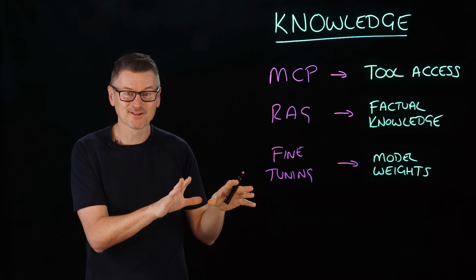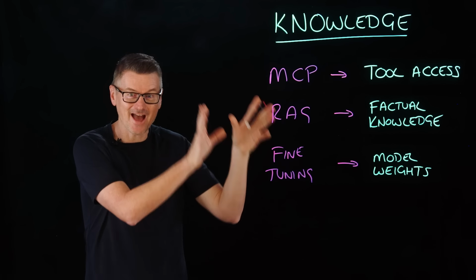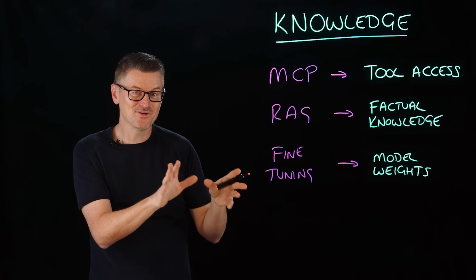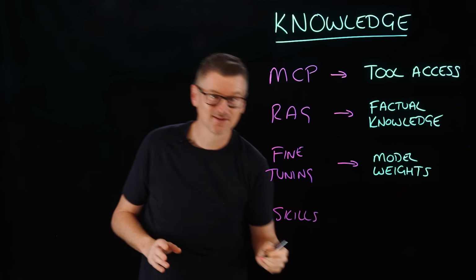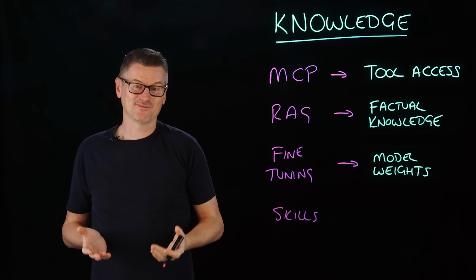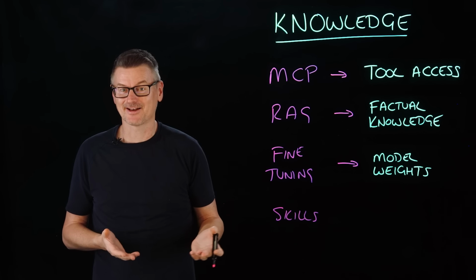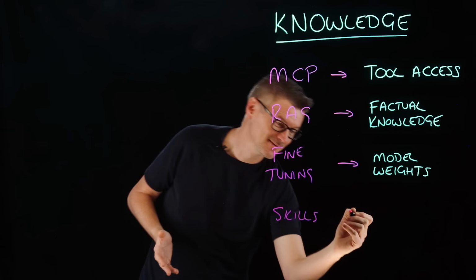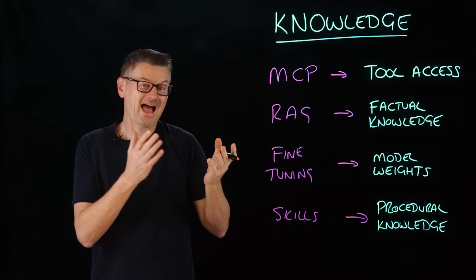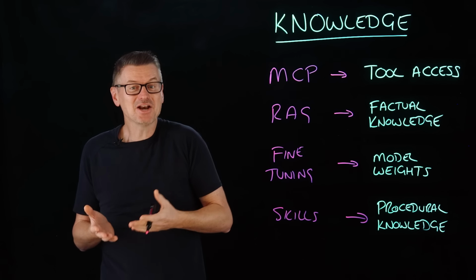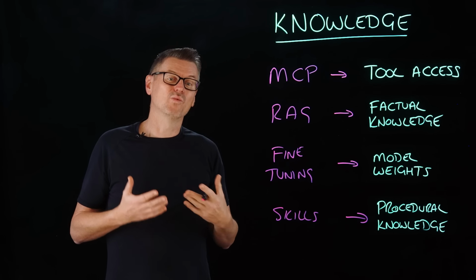Now skills don't really do any of this. So what knowledge do skills bring to agents? Well, skills handle, as I mentioned right up front, procedural knowledge. It's how to do things, in what order, and with what judgment.